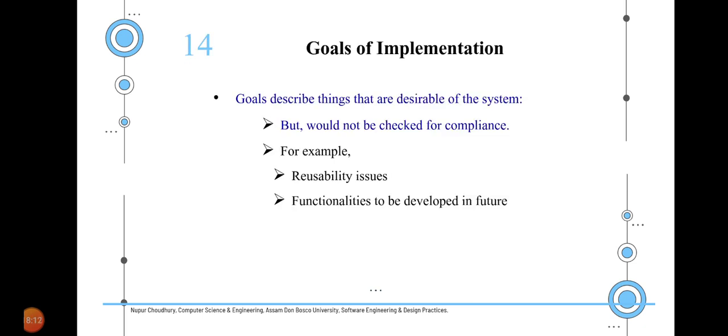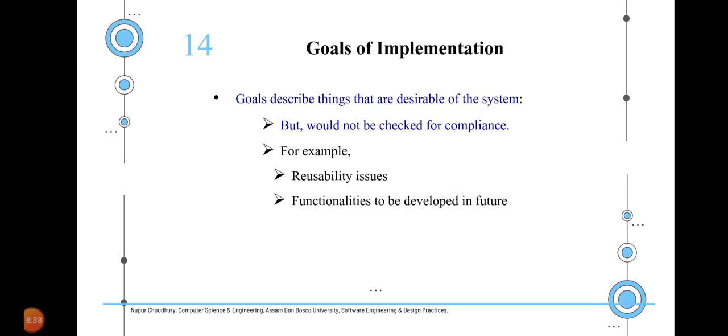The final part of the SRS includes goals of implementation. Goals describe things that are desirable of the system, which also partially relate to the non-functional requirements. However, goals hold a very different position in an SRS. They are not checked for compliance.